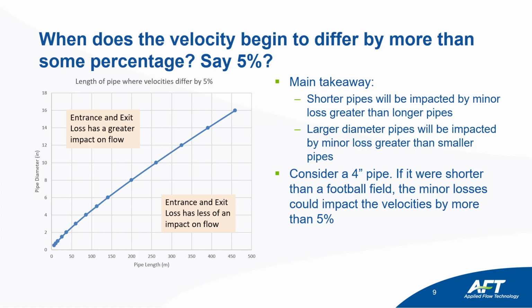A football field's not that long in the grand scheme of things. So looking at this graph, you can say, okay, shorter than a football field for that 4-inch pipe, the entrance and exit losses will have a greater impact on the flow than 5%. And on the other side, the entrance and exit losses will have less of an impact.